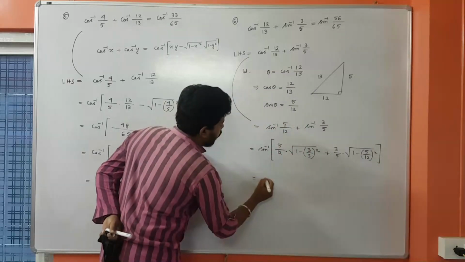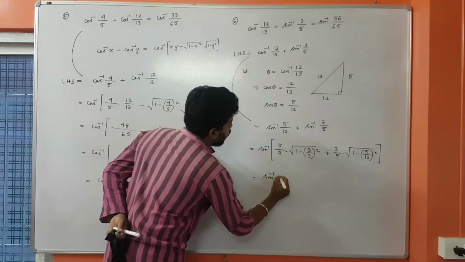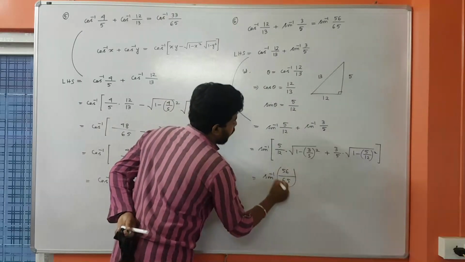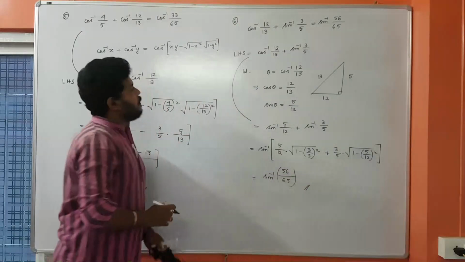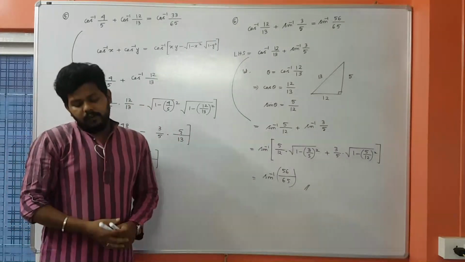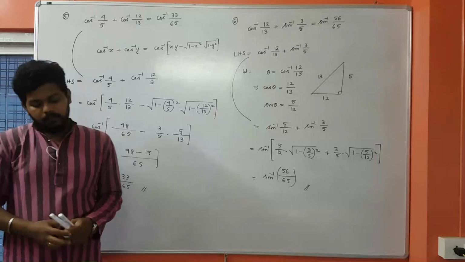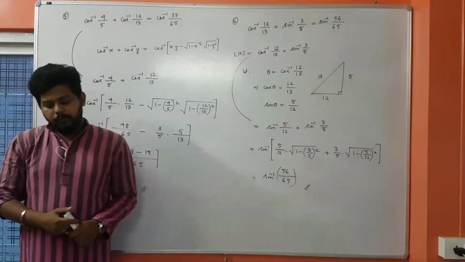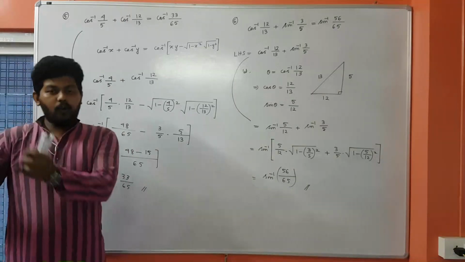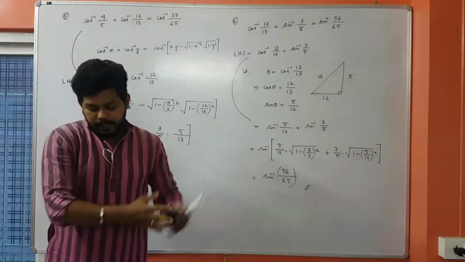After calculation, you will get the result equals 56 by 65. This is number 6. Number 7 can be solved like question number 4. Convert it to tan inverse of x and then from the right side you find the left side.